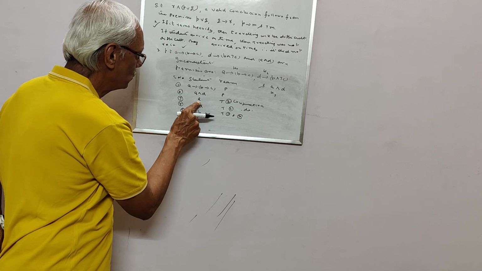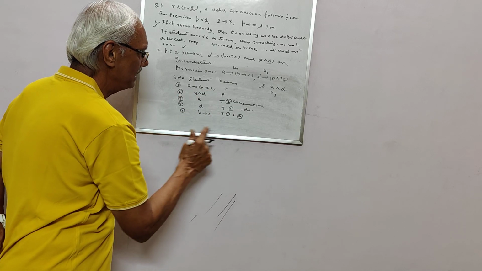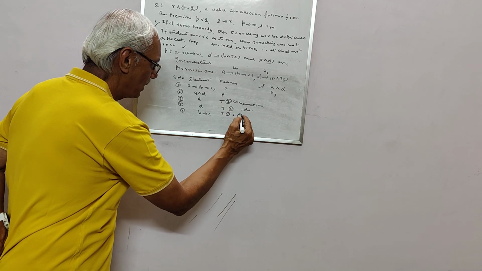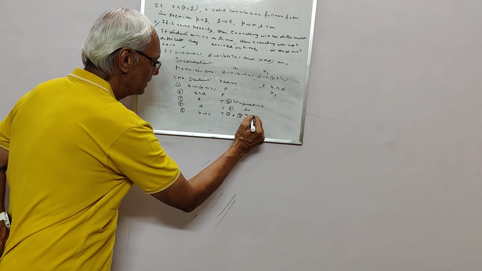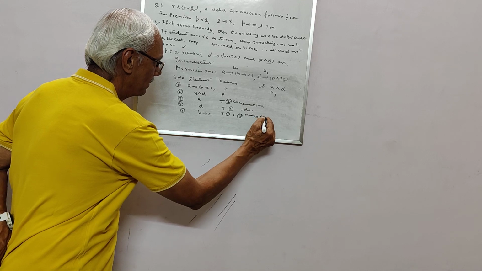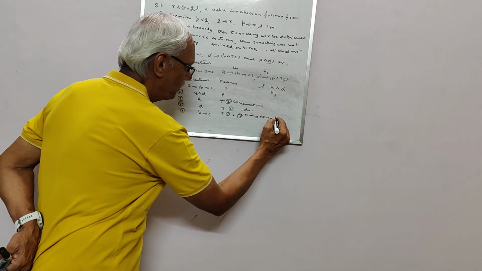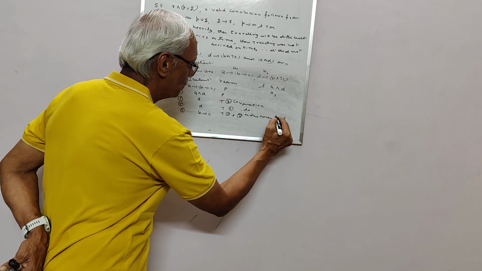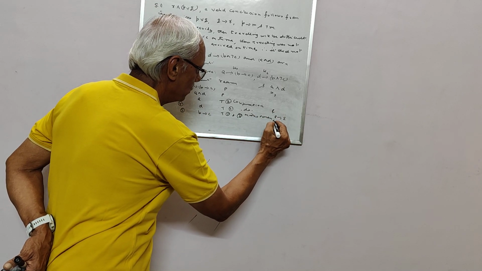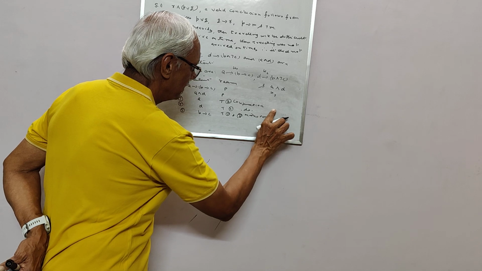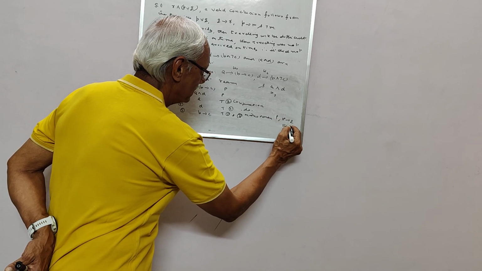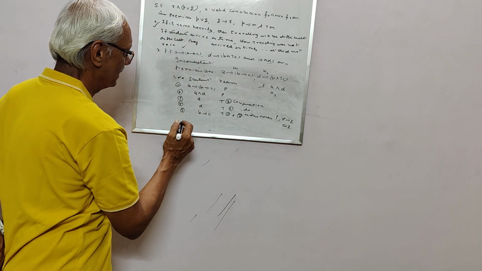That is, A is true, A implies B implies C is true, and therefore it is coming from using 1 and 3, and it is modus ponens. That is, P implies Q. P is true, and P implies Q is true, therefore Q is true. So that is what I have written here.